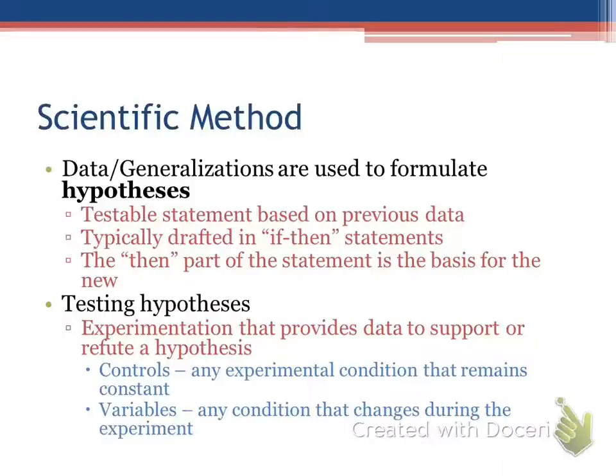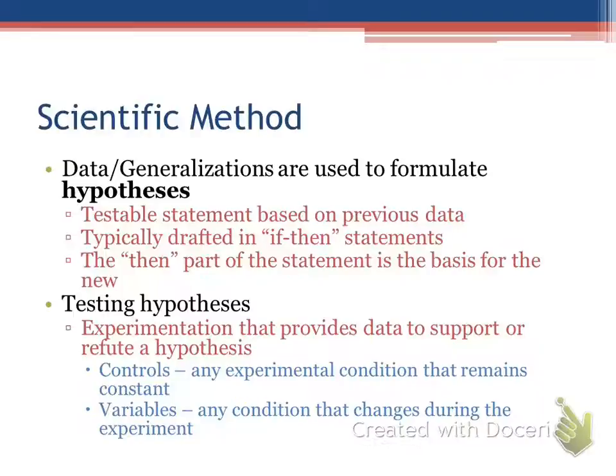And these are just a couple vocab words that go with your scientific method and your experiment chunk of this chapter. Controls are any condition that remains constant, right? If we're in the control group, that means that you are not undergoing that test, essentially, or you're staying constant. You're going with whatever had been previously done.